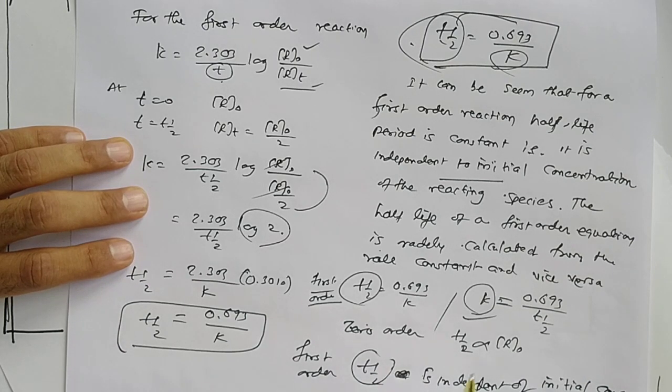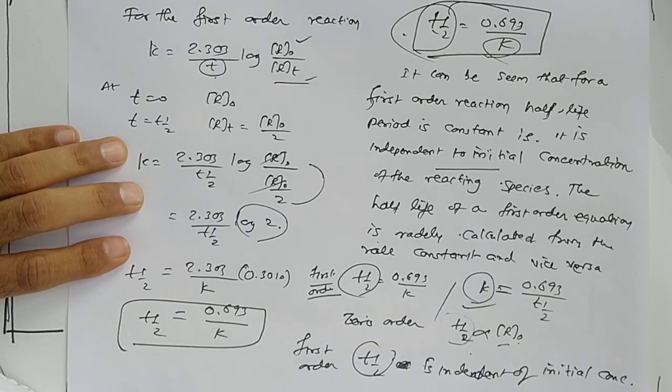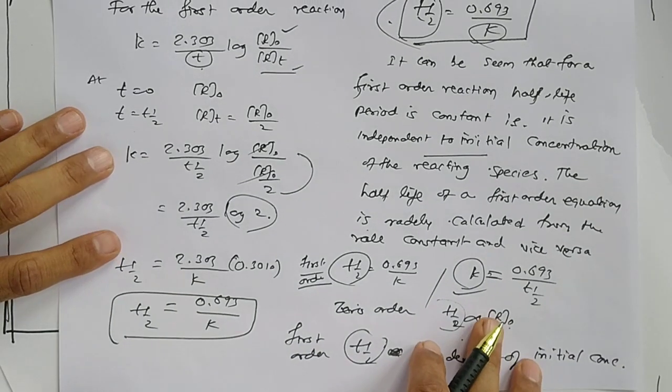In first order, T1/2 is not depending on initial concentration, but in zero order it is directly proportional with the initial concentration. Understood?